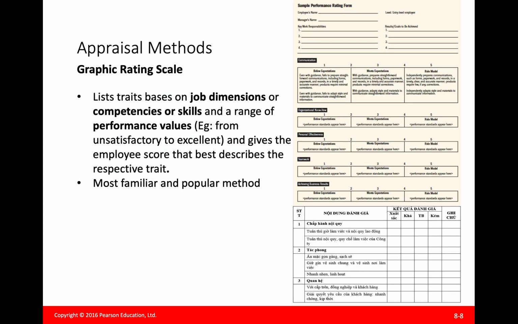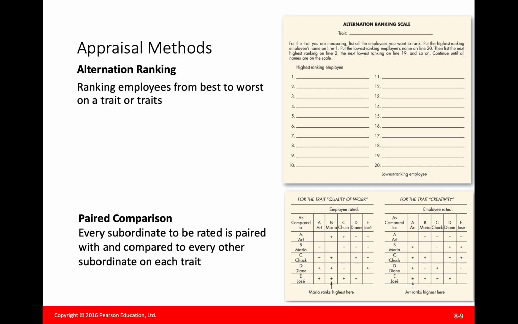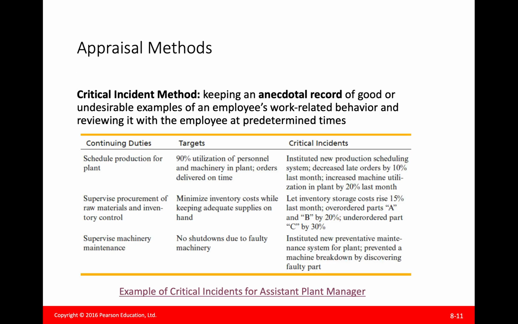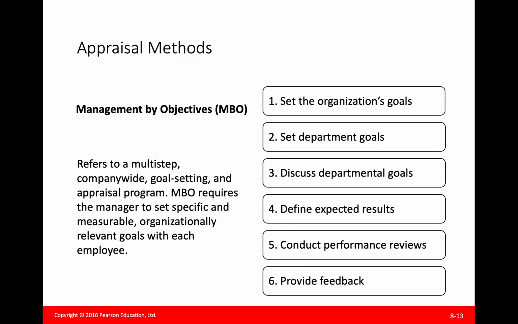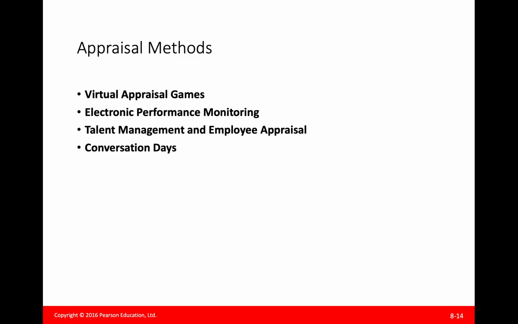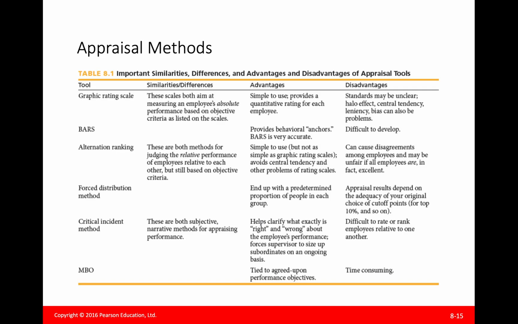The heavier part of the lecture is about the methods that we use to appraise the performance of the employees: graphic rating scales, alternation ranking, and pair comparison, forced distribution, critical incident method, BARS method, and management by objectives method. Also some games, some computer monitoring, and this is the table.